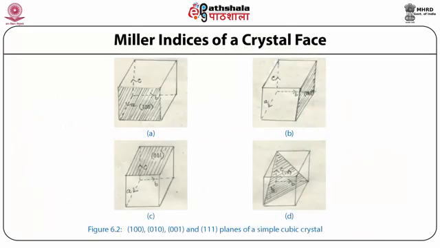Figure 6.2 shows the (1 0 0), (0 1 0), (0 0 1) and (1 1 1) planes of a simple cubic crystal. The (1 0 0) plane is shown in figure a, (0 1 0) in figure b, (0 0 1) in figure c, and the (1 1 1) plane in figure d.